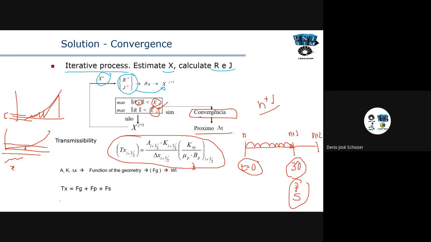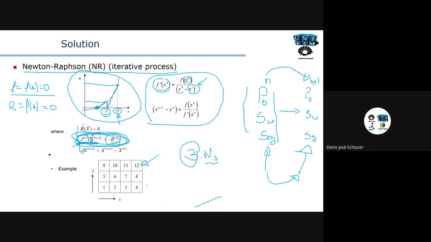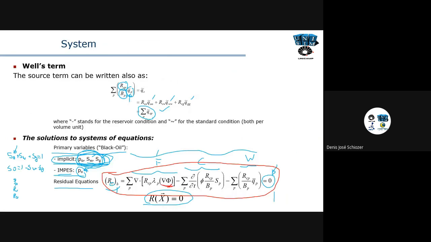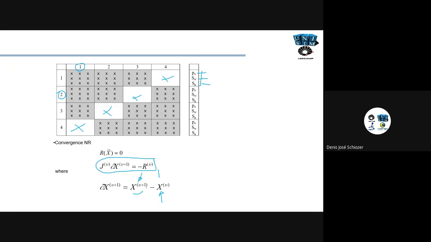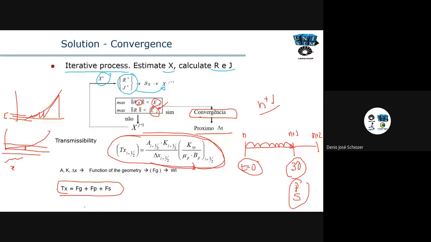It's not so important, but it's good for you to know that, remember, the flux between the blocks is a function of the potential, right? The potential is a function of pressure, gravity, and capillary pressure, and also a function of the transmissibility here. And the transmissibility is a function of these terms, which is a function of geometry, pressure, and saturation.